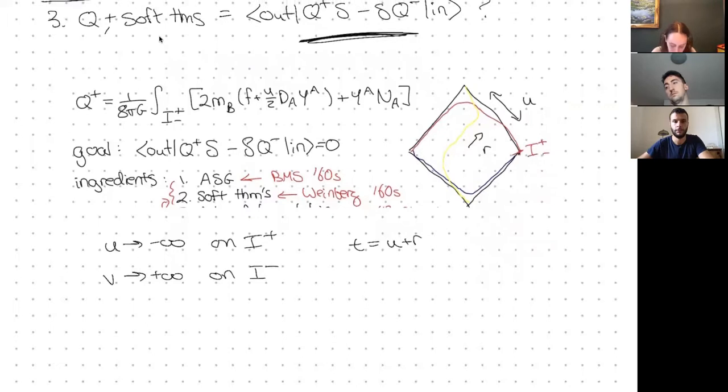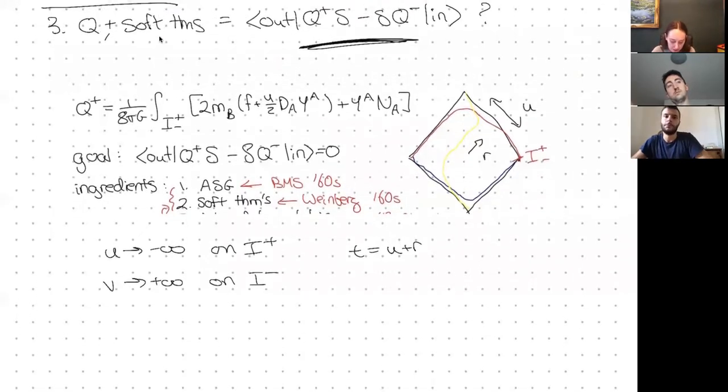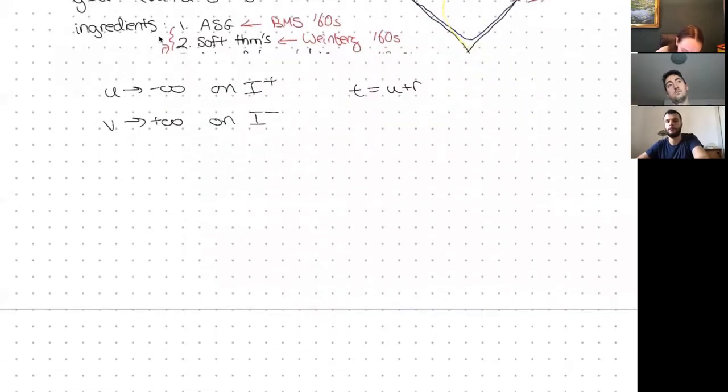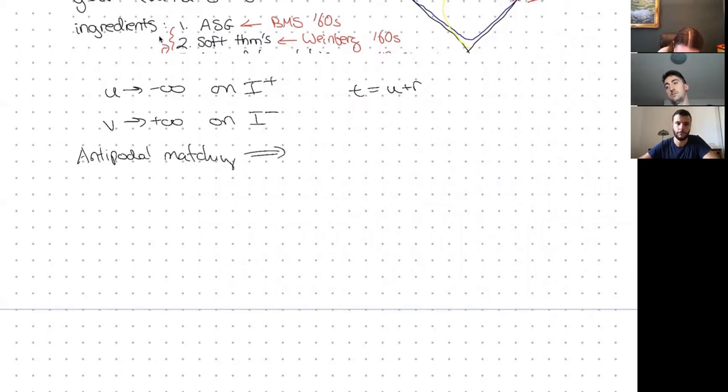So essentially what I'm going to need is an antipodal matching condition. Antipodal matching will let me have Q minus equals Q plus in the classical case.